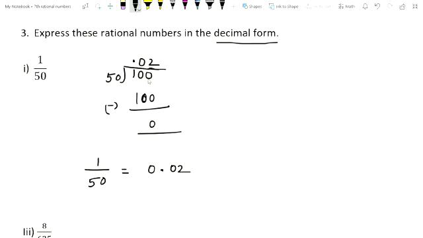In 100, how many 50s are there? 2 50s are there. 2 into 50, what will you get, children? 100. So 100 minus 100, you are getting 0. So now when we divide this, what are we receiving? 0.02 is the answer. Okay, children? See the next one.